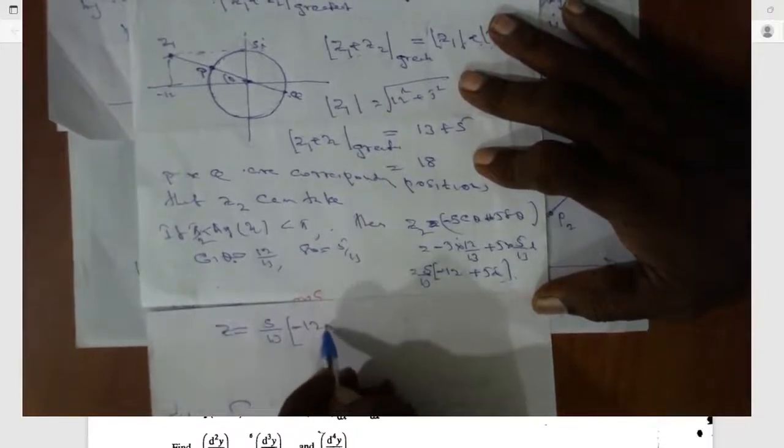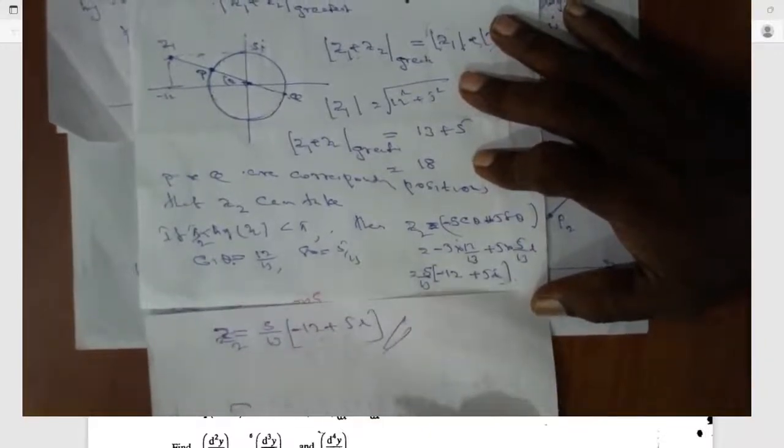Then C2 equals 5/13 times minus 12 plus 5i. Right?